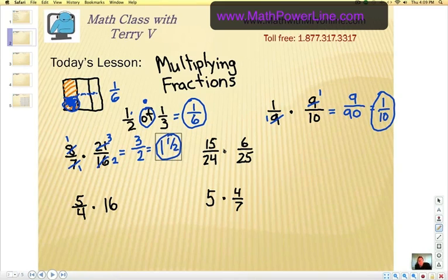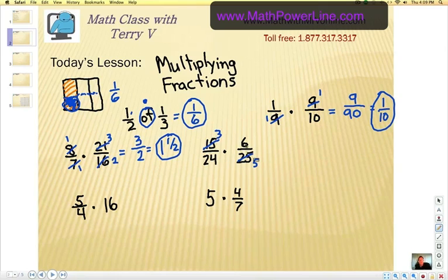Okay, now you can see that canceling really works well in this example because the numbers are so large. I do not want to have to do 15 times 6 and 24 times 25. I could, but then I'd have to simplify larger numbers. So 15 and 25. A common factor there would be 5. So 15 divided by 5 is 3, and 25 divided by 5 is 5.